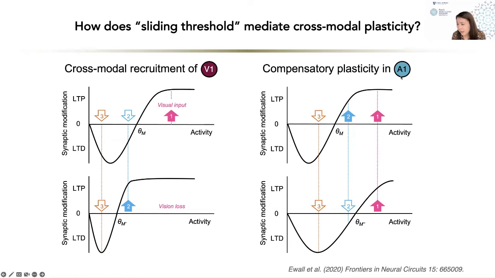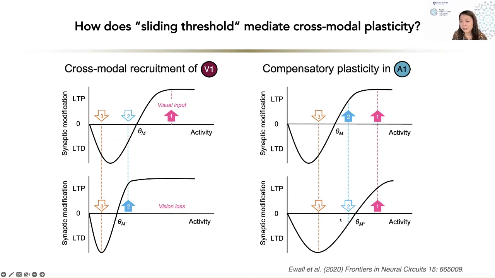In A1, we think the opposite is happening. Normally their thresholds stay around here, but for some reason, we think the threshold goes up. I'll tell you why I think that: because the feedforward circuit is getting stronger. Basically the thalamocortical inputs are potentiating, and layer 4 to 2-3 inputs are potentiating, so there's more activity coming through the circuit.